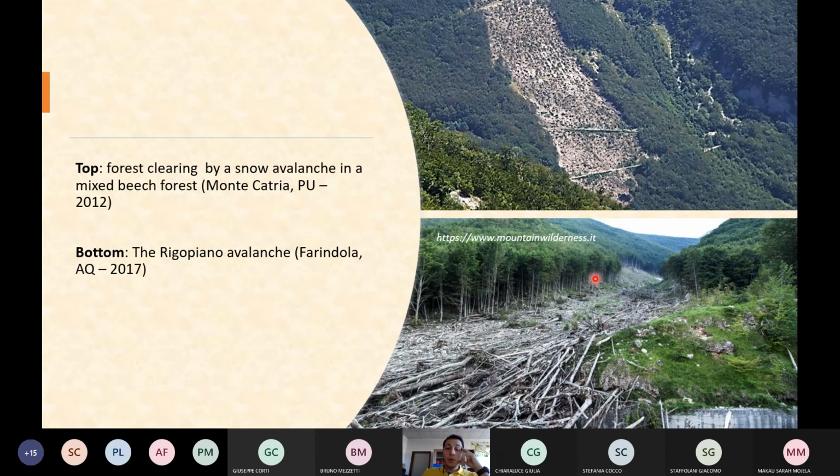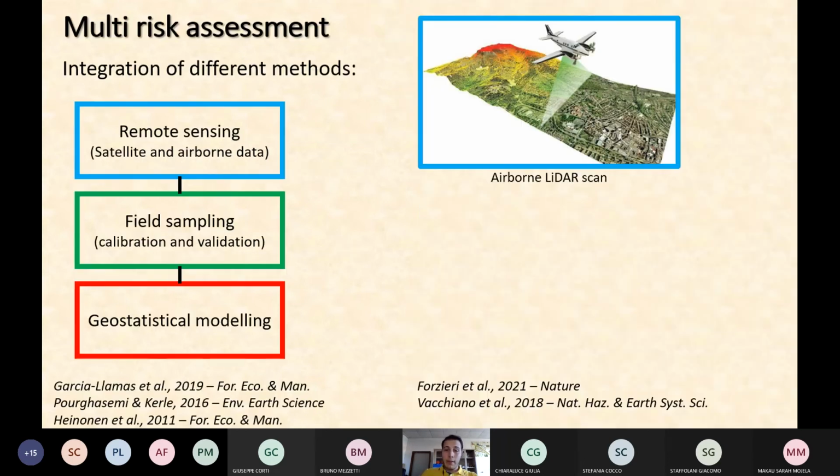We can see that while the forest can be a factor that mitigates the effects of avalanches, there is still risk. For example, here we can see some forest roads, and we know that there was a high risk because there was a structure at the bottom of the avalanche. So there were life losses.